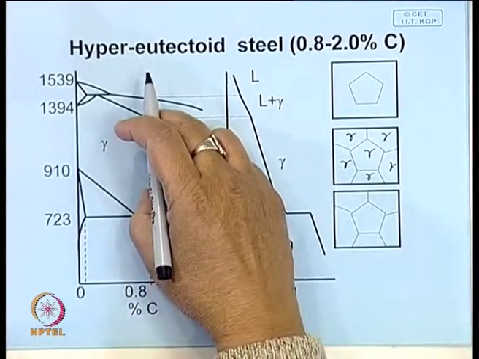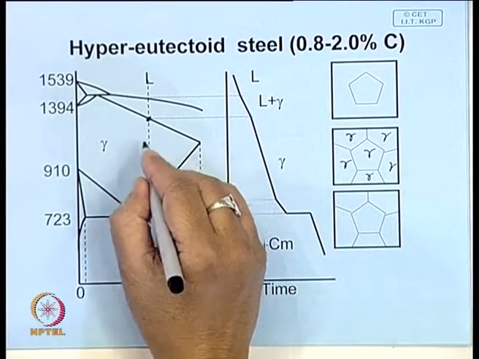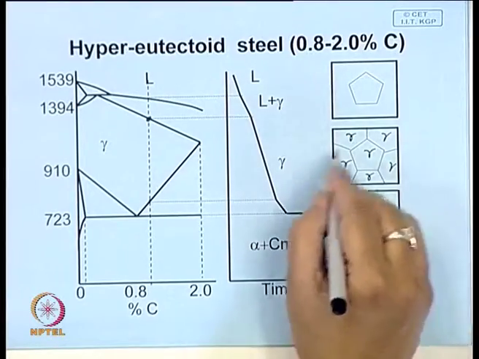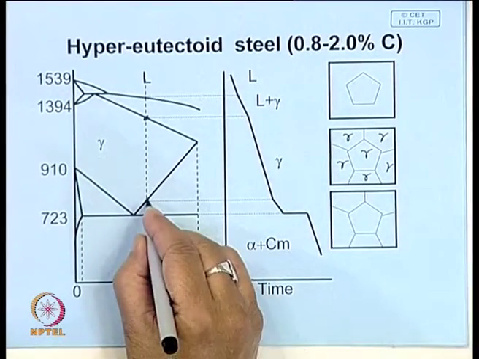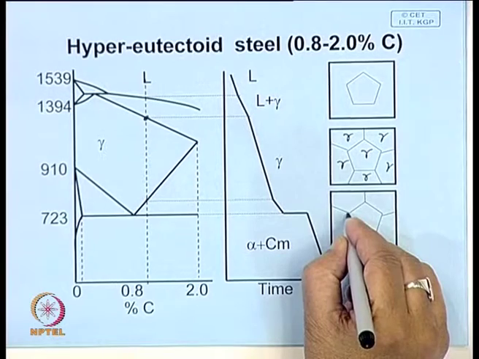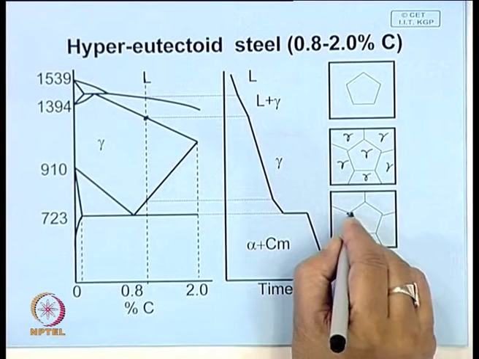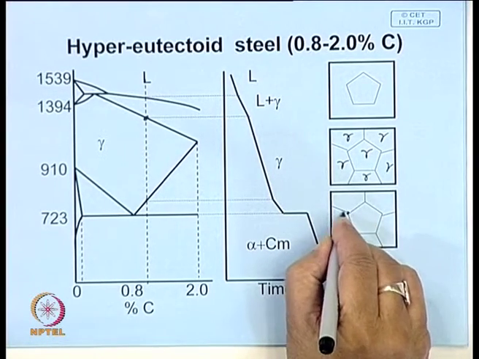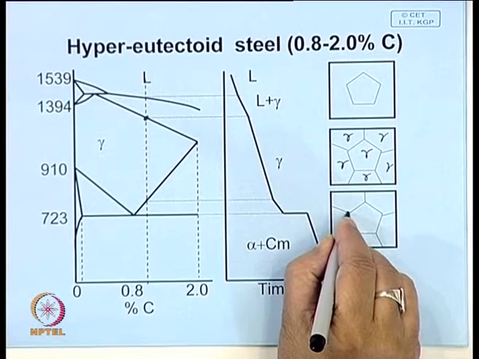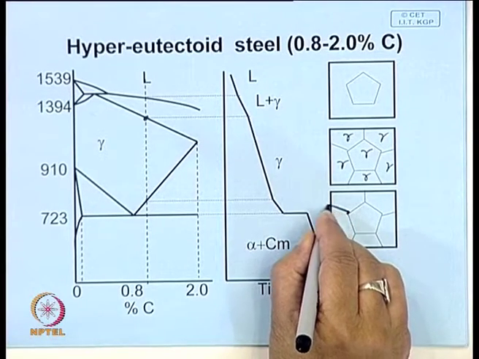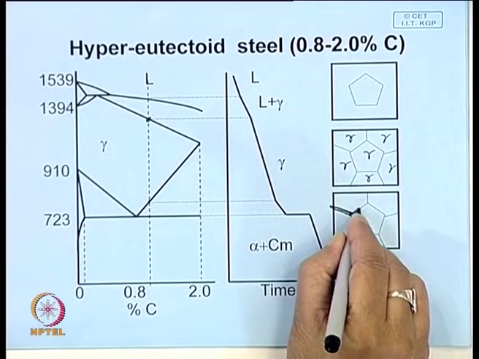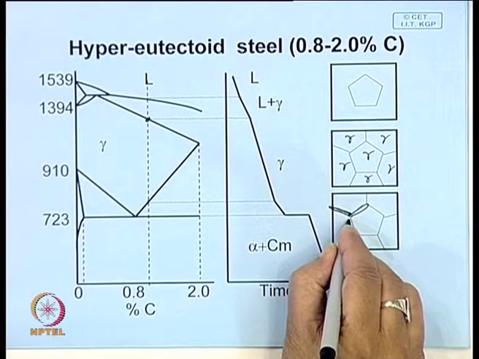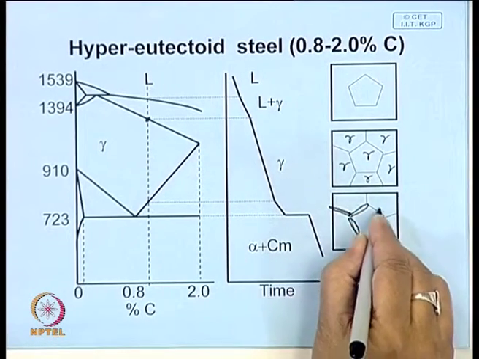In this temperature region the solidification is complete, you have austenite. So, these are the austenite grains, and when cementite starts precipitating out, it is always at the grain boundary. Cementite has a tendency to form along the grain boundary, so you will get cementite forming in this grain boundary region.